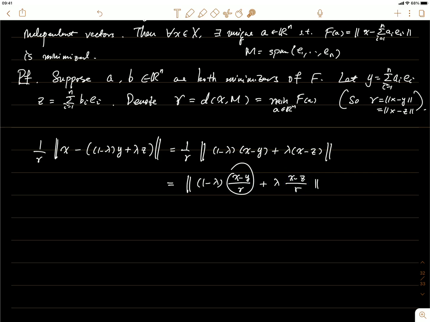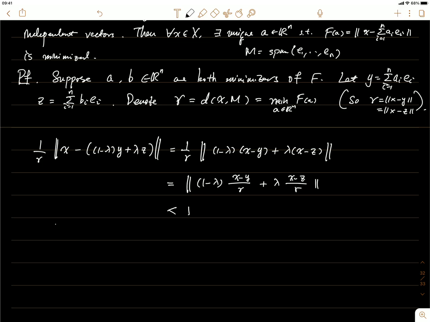So I have 2 points on the unit sphere in the space X, this one and this one, and I make a strict convex combination of them. Because of the strict convexity of the space X, this is supposed to be less than 1.